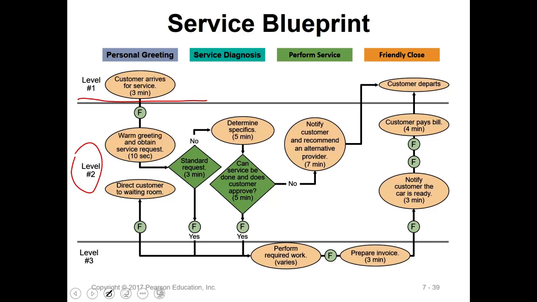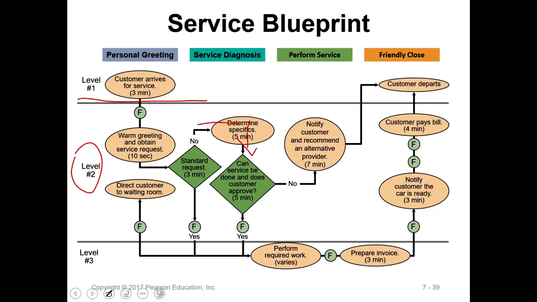And if it's not the standard service, it's going to go to the next level. And they will say, can the service be done? And does the customer approve it? Because they said, okay, I can do your service, but there will be some extra charge. Are you okay with that?